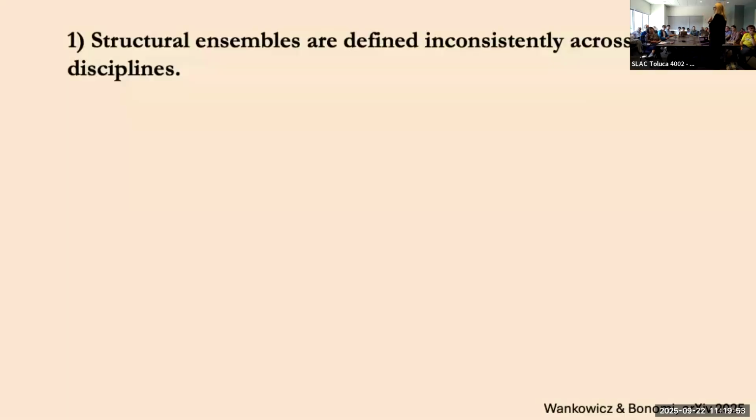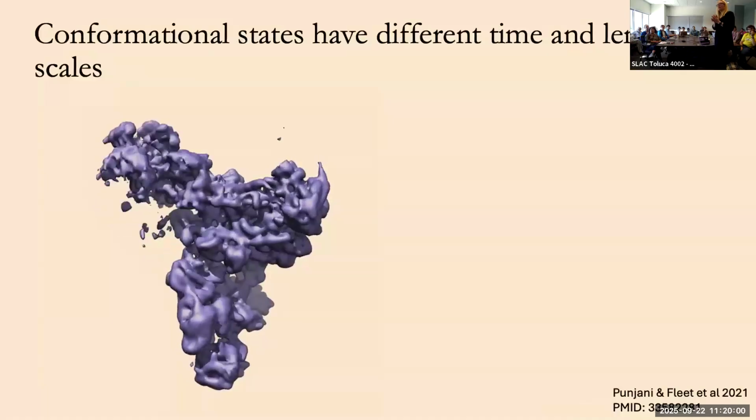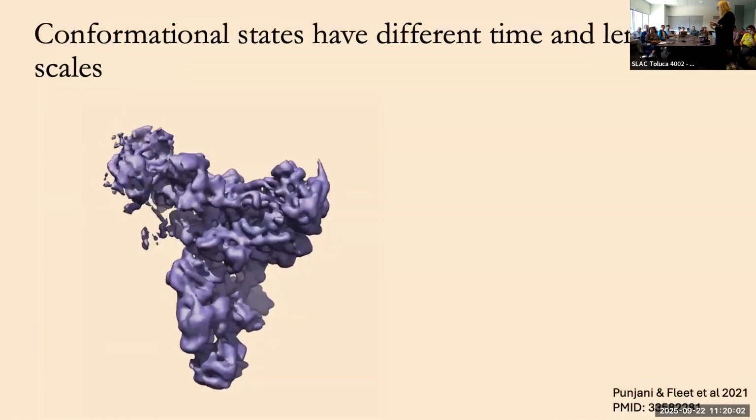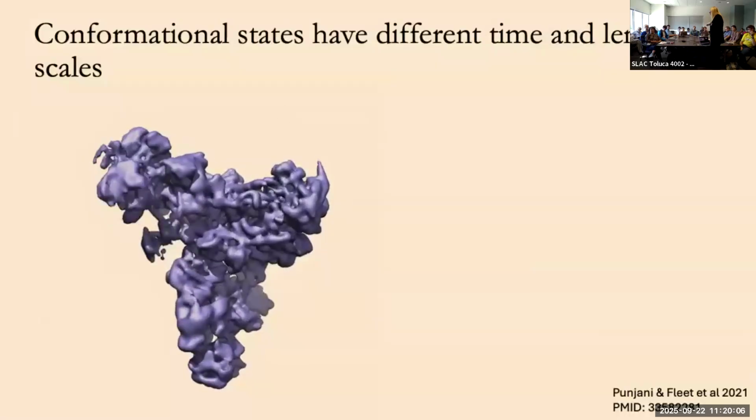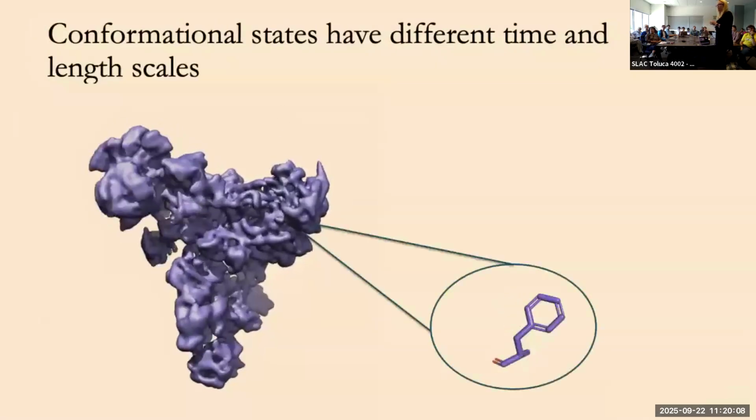So we've seen, from SAXS data to what we're interested in, you can get different conformational states that have different time and length scales, from large domain motions down to very small atomistic movements.